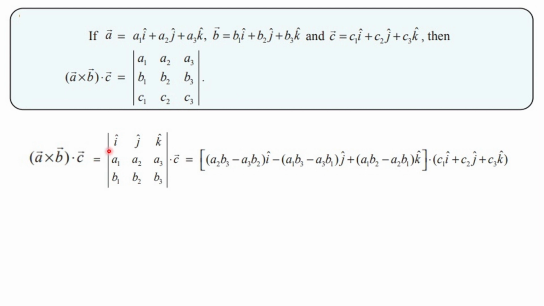We get i, first of all we take i, then this line and this line are crossed and we take this determinant of 4: a2 b3 minus a3 b2. In this way we can take the other values. Now we dot this with this. If we dot, we get (a2 b3 minus a3 b2) dot c1 in this way.